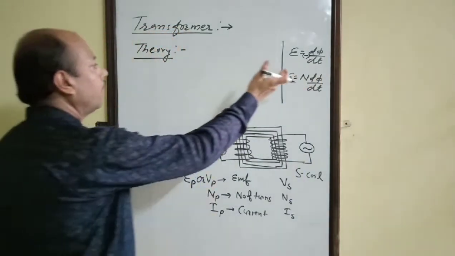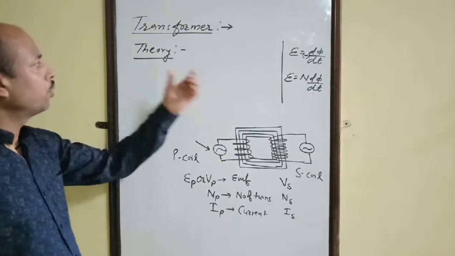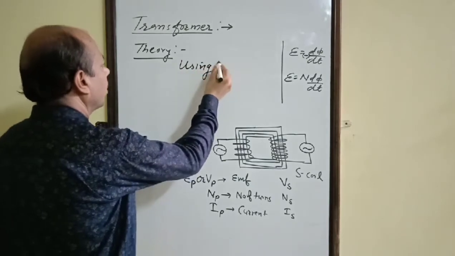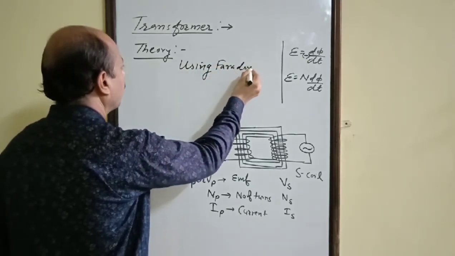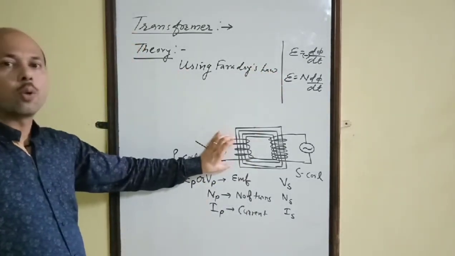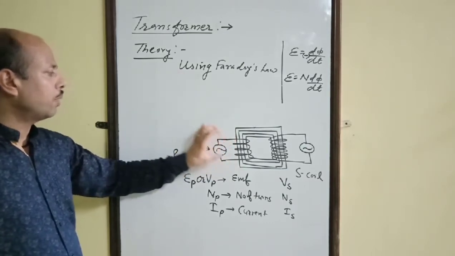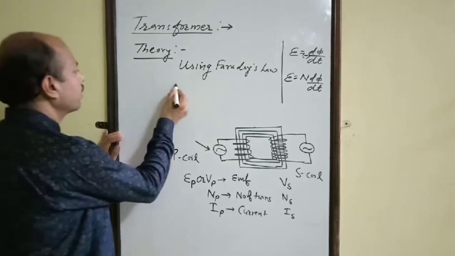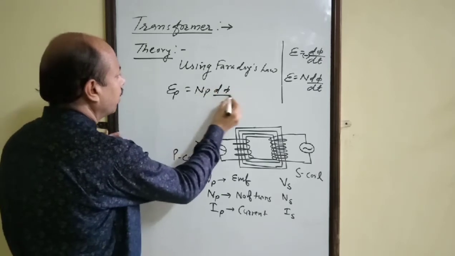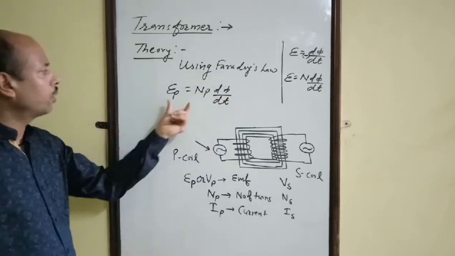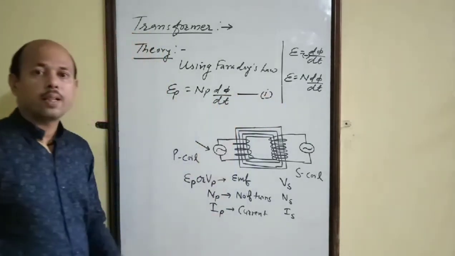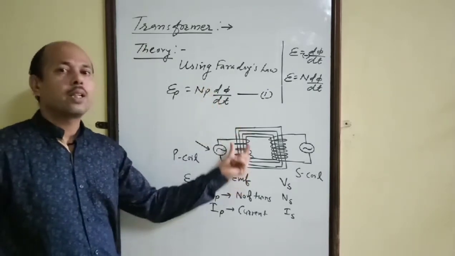So similarly, if we use this concept here, using Faraday's law, the induced EMF of the primary coil can be written as EP equals NP d phi by dt, where phi is the magnetic flux associated with the primary coil.